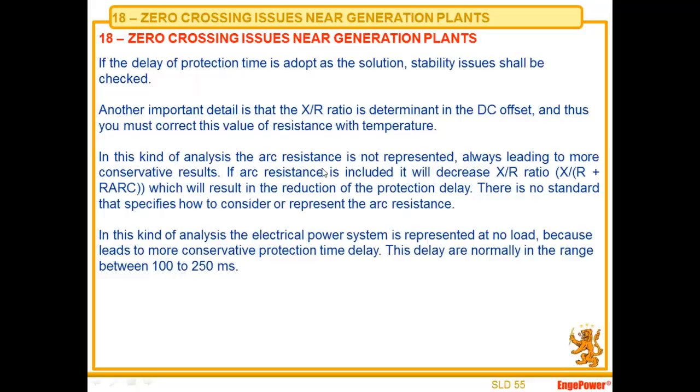And another thing that nobody does is, in the R of the X over R ratio, they don't add the arc resistance. If the arc resistance is included, it will decrease the X over R ratio and will result in a reduction of the delay. There is no standard that specifies how to consider or represent the arc resistance. That's why nobody puts this.